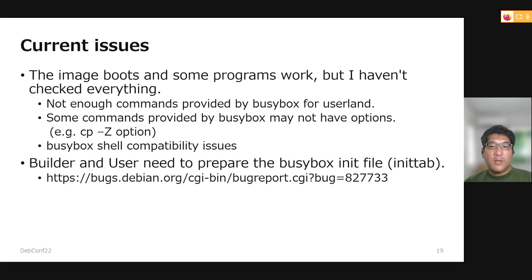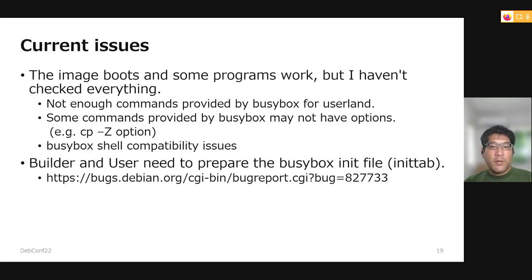It is necessary to check their working. The reason for this is that the busybox provided by Debian still has few features to use as a root file system. Also, even if the command is provided, it's possible that an error will occur because the options do not match.